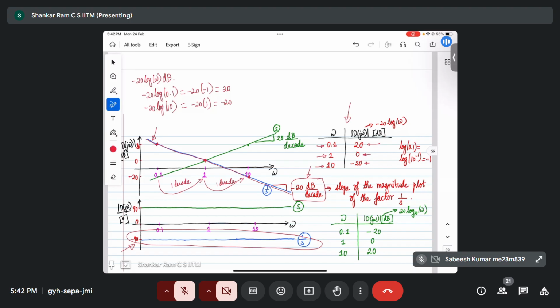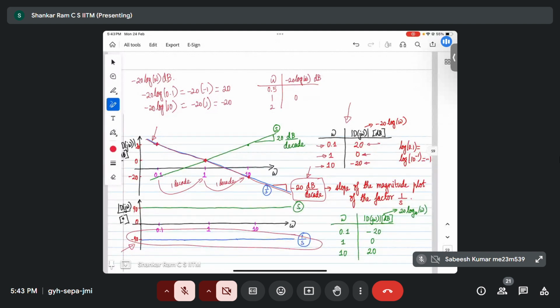Okay, so let's plot the same thing. At omega equals 1, it is 0. I want you to tell me the value of the magnitude one octave below 1.